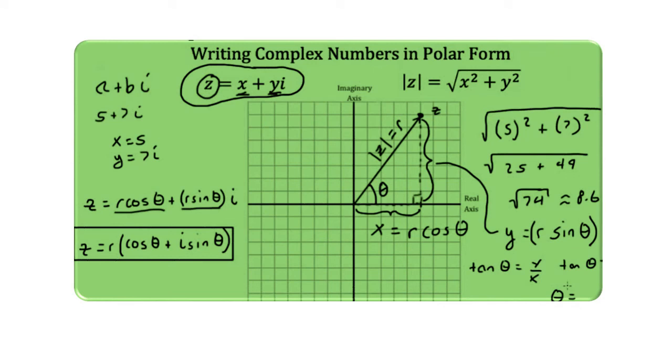Put that into your calculator and find that theta is about 54.5 degrees. So if z is 5 plus 7i, I could write that as the square root of 74, that is my r value, times the cosine of 54.5 degrees plus i times the sine of 54.5 degrees.